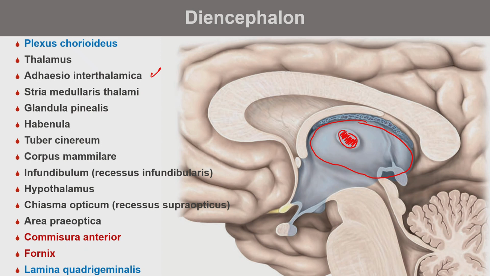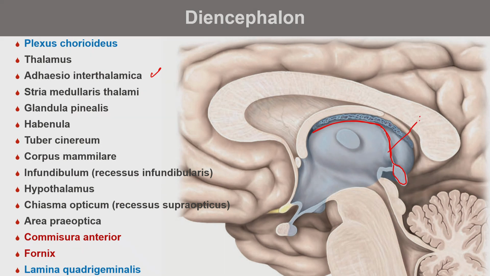On thalamus, we can distinguish also the stria. Stria is a string which is called stria medullaris thalami, medial thalamic stria, and from which dorsally we can distinguish structures which are covering the third ventricle from the dorsal part.